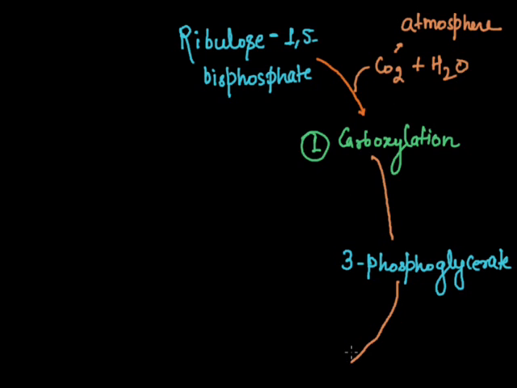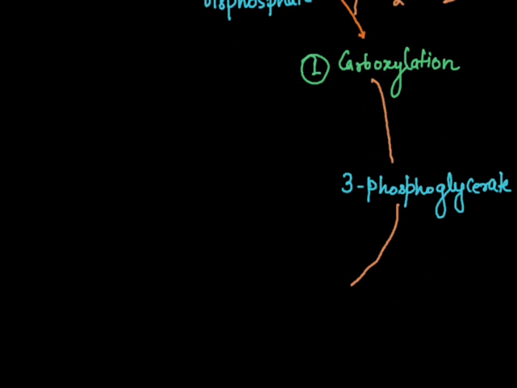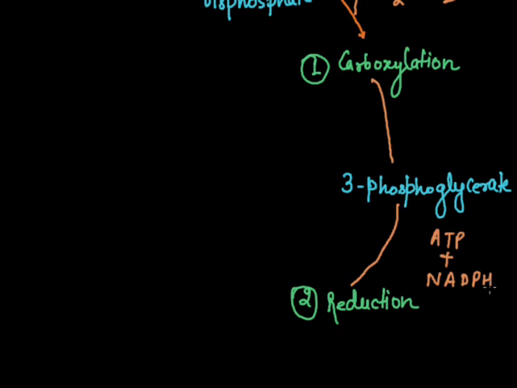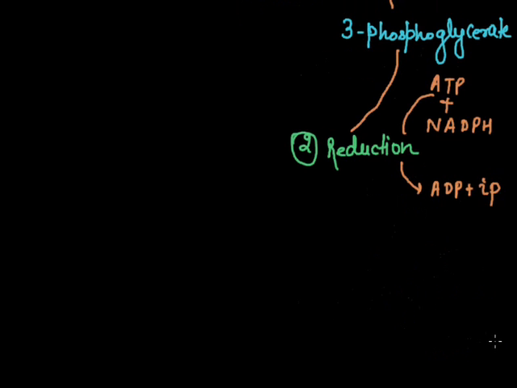This phosphoglycerate is reduced. So the second step is reduction. Here ATP plus NADPH help in the reduction process. ATP forms ADP plus inorganic phosphate and NADPH forms NADP plus.